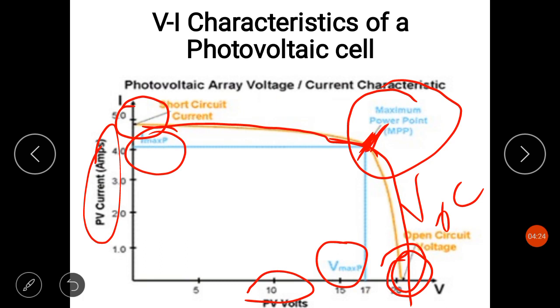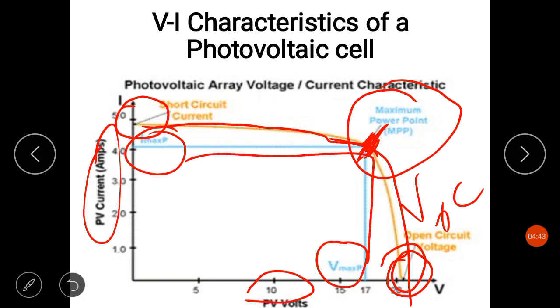In other words, this is the point at which the cell generates maximum electrical power, and it is at the top right area of this rectangle.